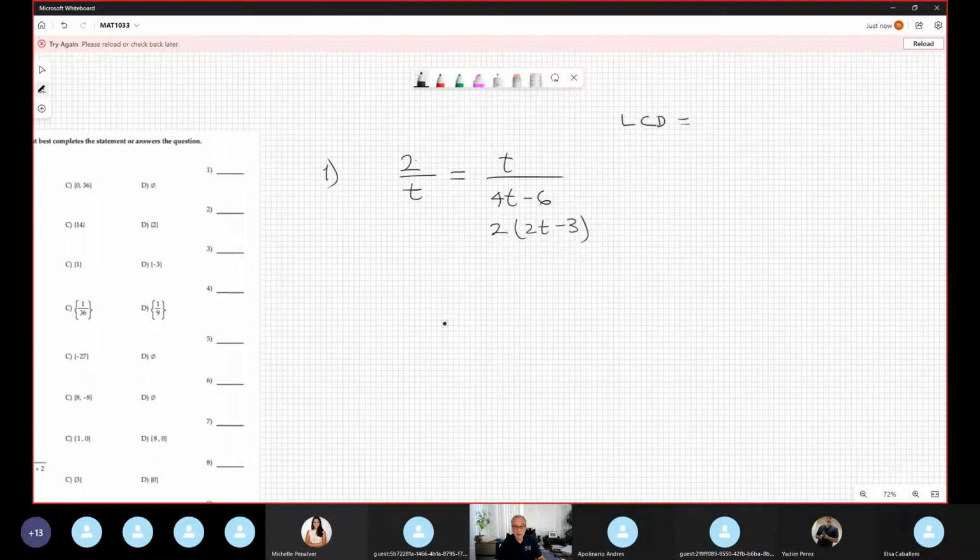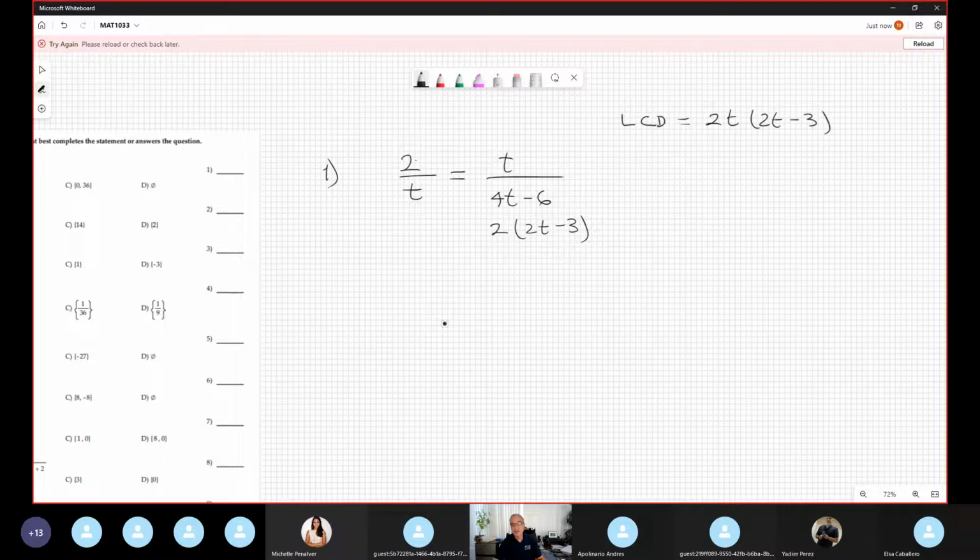Remember, the LCD is the collection of the factors. Only when you have repetition do you take the majority in one expression. But in this case, no repetition. T is t, 2 is 2, 2t minus 3 is another factor. So you copy everything together. It is 2t times (2t minus 3).